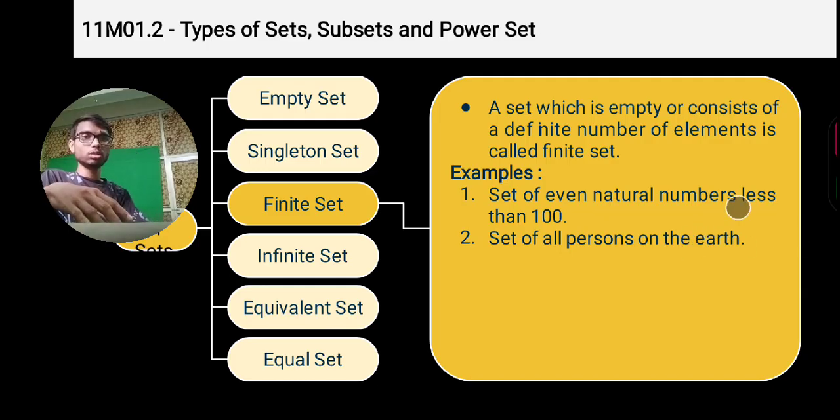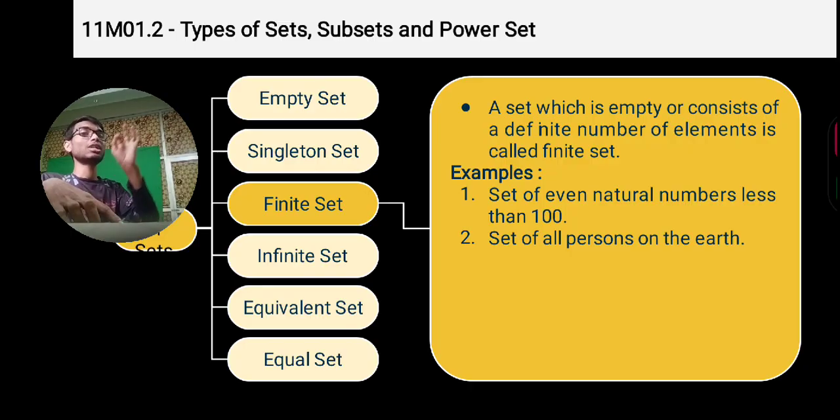Without that, natural numbers would go on forever, with infinite elements. But here we have less than 100. It is telling that you have this many elements. You have a fixed number of elements. So this limited set will be a finite set. This type of set will be a finite set.